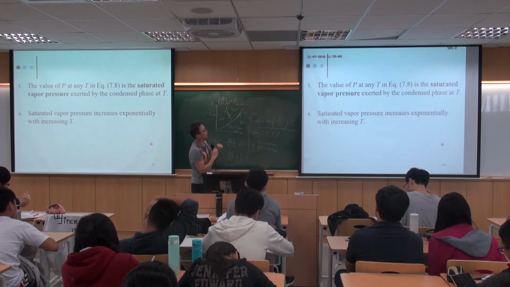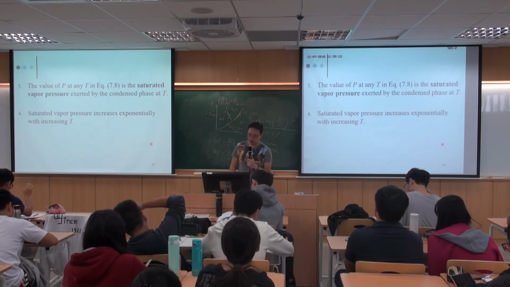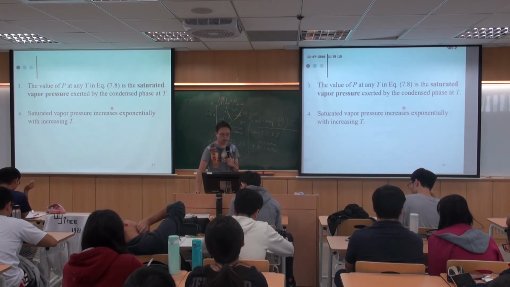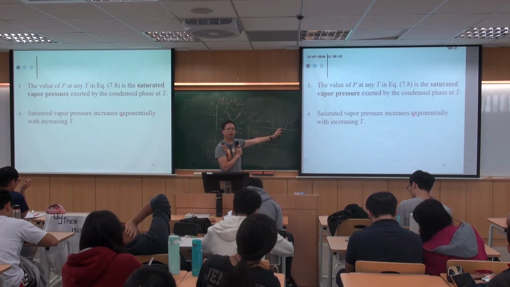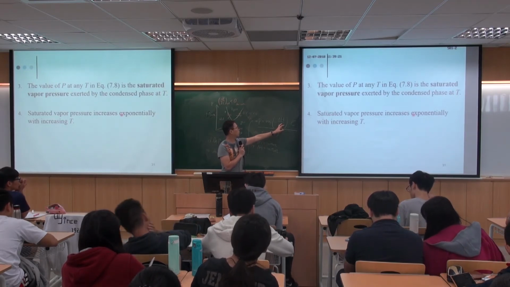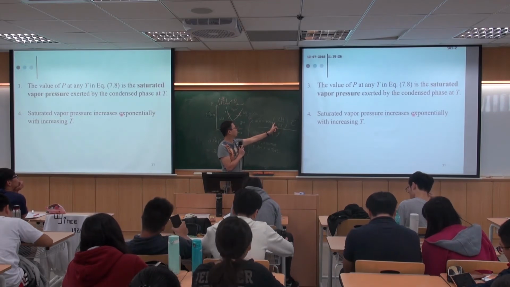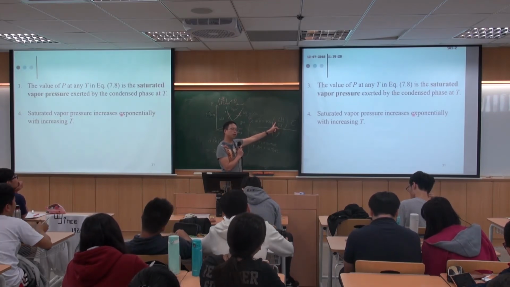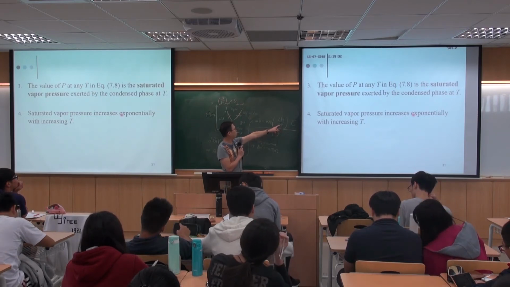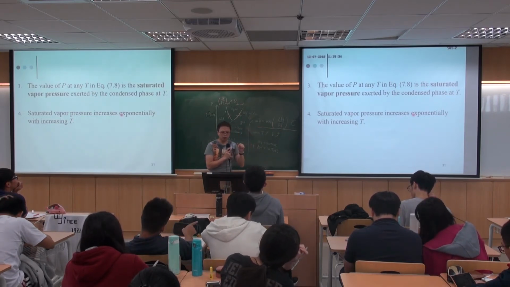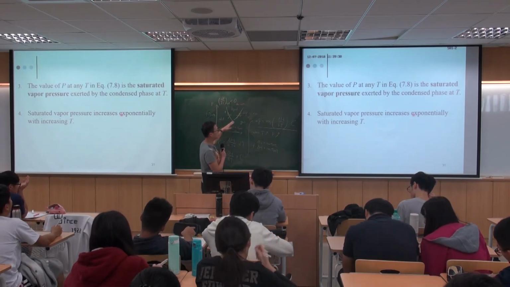So that's the definition of saturated vapor pressure. And we know that it increases exponentially with increasing temperature, like what we just mentioned over here. Although there is a negative sign over here, so you would think that it's decreasing, because it's in the denominator, it's actually an increasing trend. So when you increase the temperature, the vapor pressure will increase dramatically.